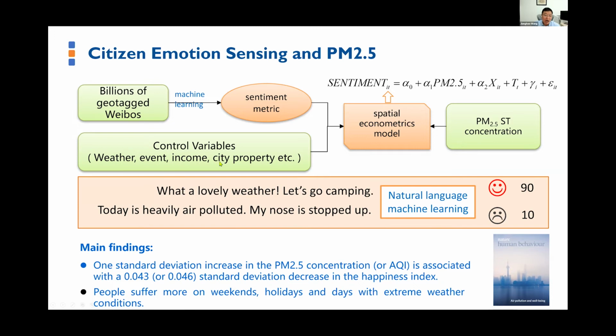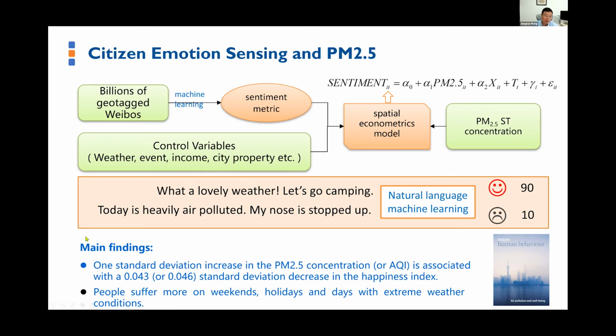After controlling for other variables, for example, weather, income and city properties, we finally identify the relationship between PM 2.5 concentrations and human happiness.